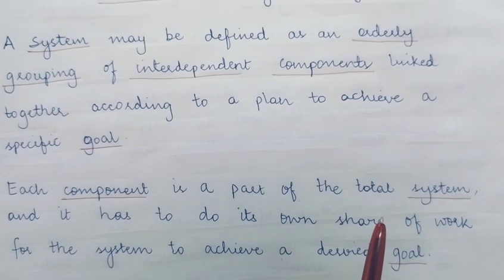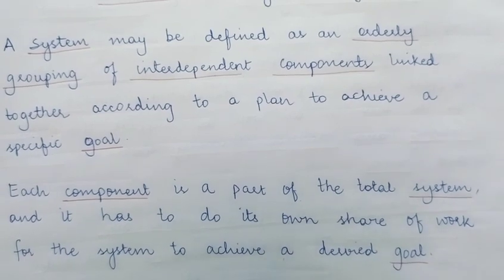Although these components are interdependent and linked with each other, they are still doing their own share of work, and that is why they are separate components, because they are doing their individual share of work for the system to achieve a desired goal. These components work together to achieve a common or desired goal of the system.